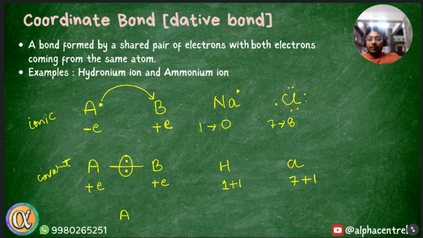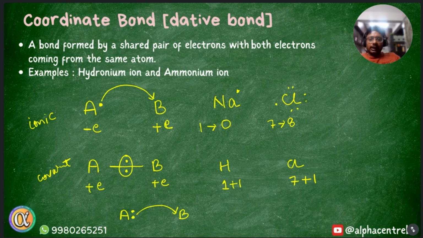Now see what happens here. In coordinate bond, A has two extra electrons. It can have two or more extra electrons, which are the personal electrons of A. And B needs two electrons. So A tells B that I will share electrons with you, but you don't worry about giving your share. Both shares will be given by me.